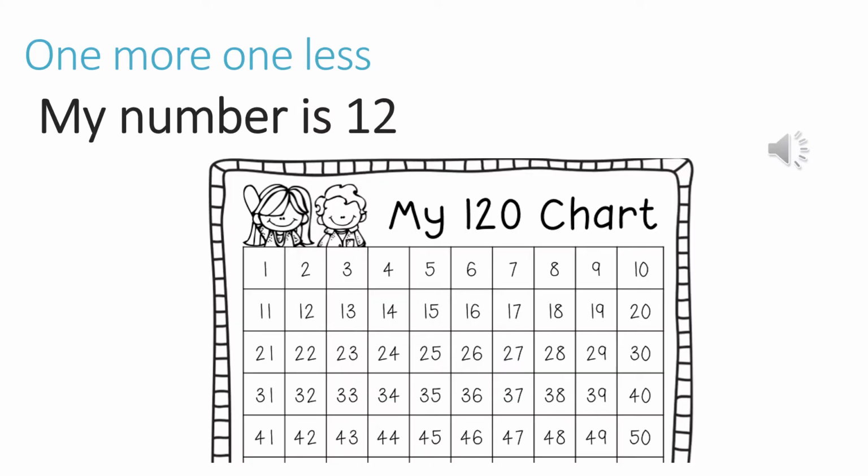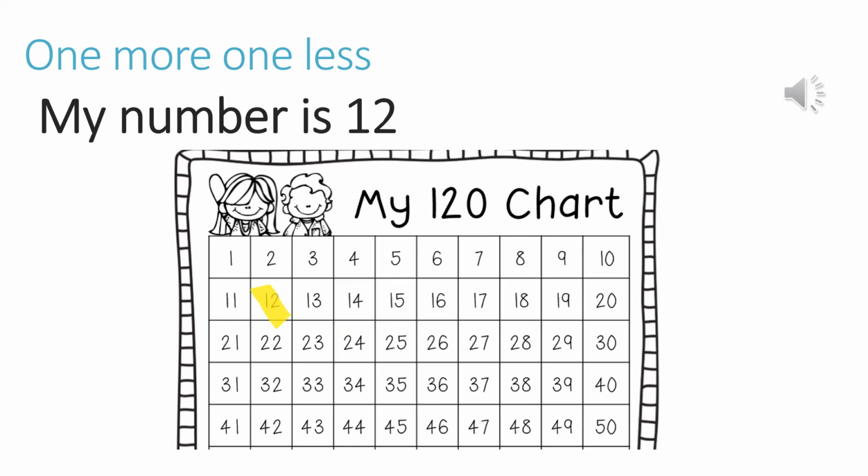If my number is 12, I will locate the number 12 in my number chart. Now that I located my number 12, I am going to see what number comes after and before my number.